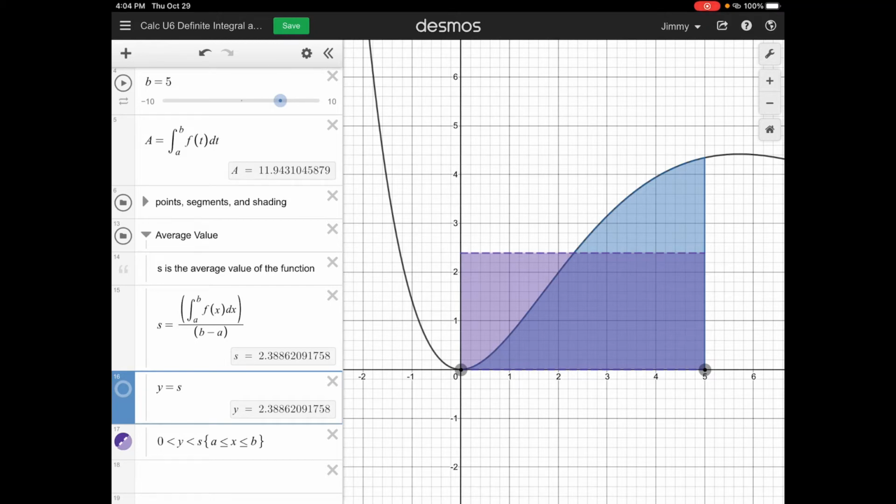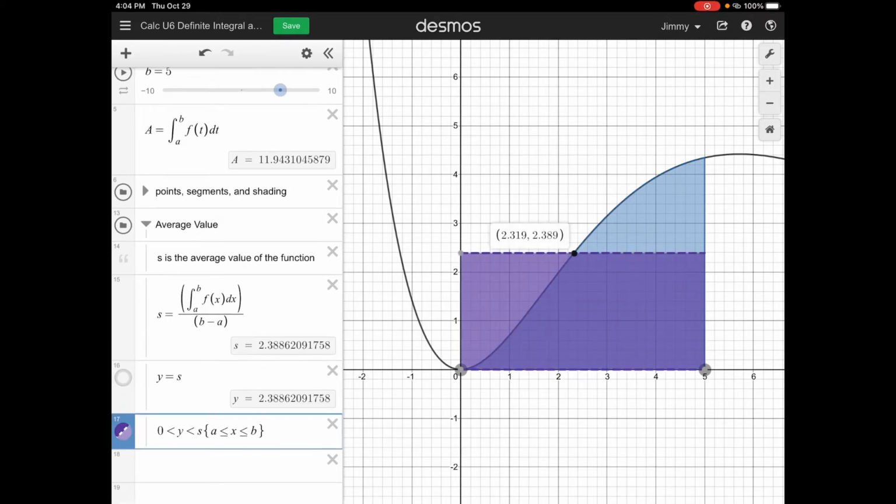For instance, if I take the 5 for the base and the height, which is 2.389, and multiply those together, that is going to equal the same value as the area underneath the curve. So the average value, in the context of a geometric figure, is where the area underneath the curve over an entire interval is equal to the area of this average value rectangle, whose height is the average value.